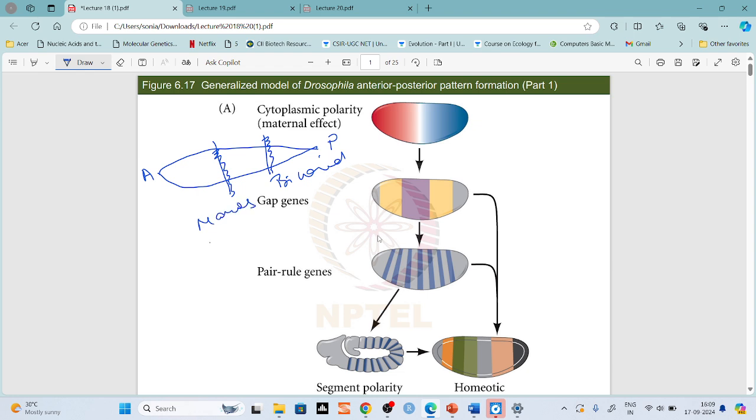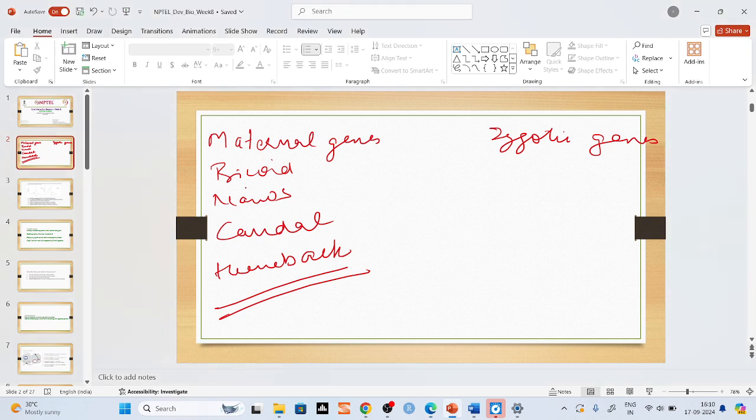Sorry, bicoid is initially synthesized from the posterior end, but it migrates towards the anterior side. Likewise, nanos is initially synthesized from the anterior end, but it migrates towards the posterior side. Although nanos and bicoid are synthesized from different ends, eventually they migrate, and bicoid is responsible for anterior axis formation and nanos is responsible for posterior axis formation.